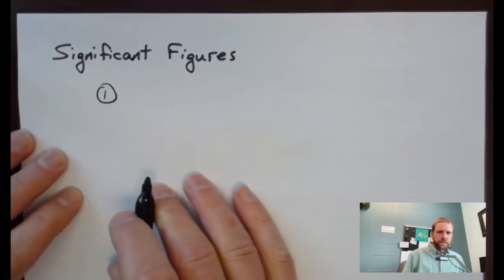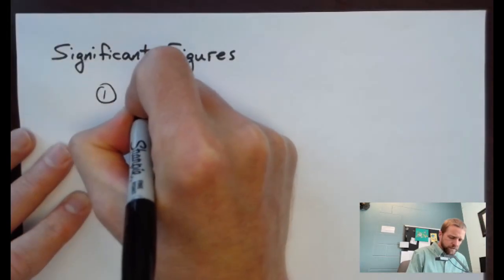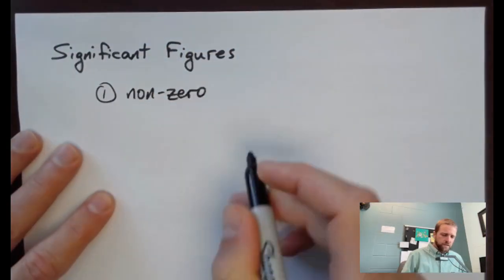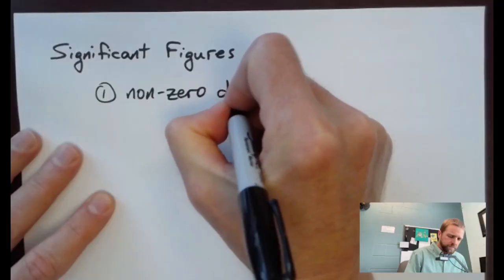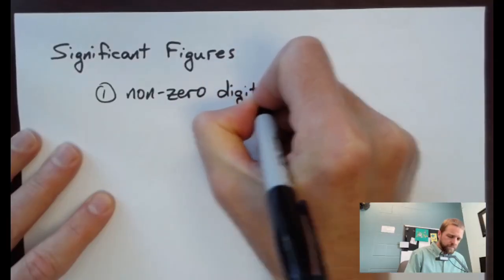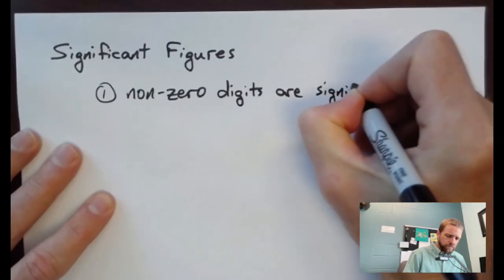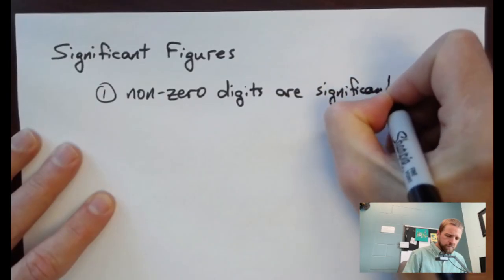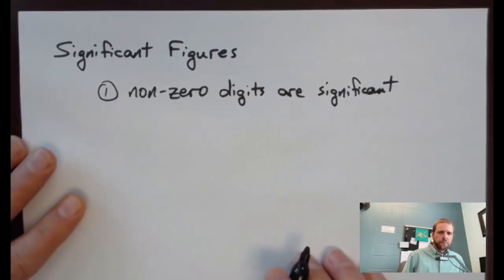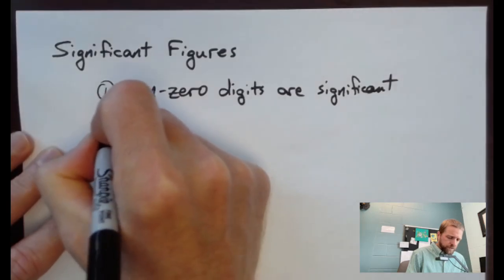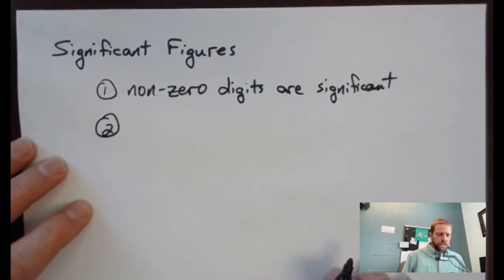Rule number one is that non-zero digits are significant. Okay, so that leaves us with the zeros. All right, so for number two, let's talk about the zeros.